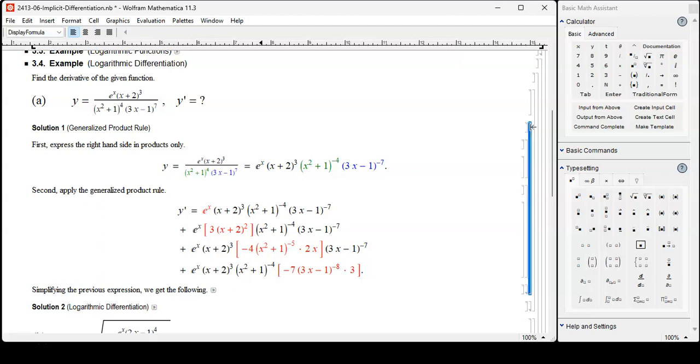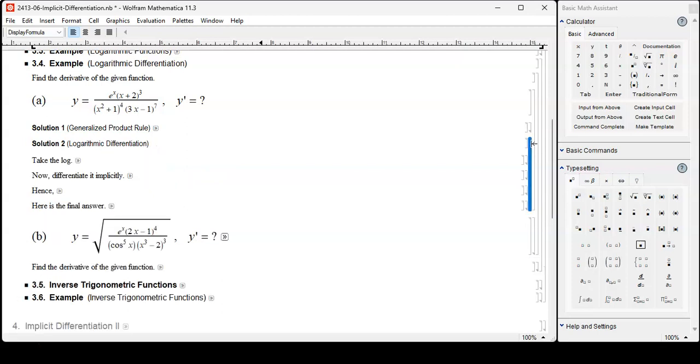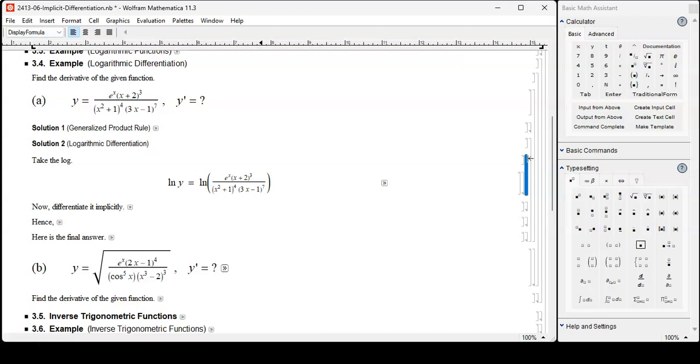But here's another solution, and this technique is called the logarithmic differentiation. Let's talk about it a little bit. Step 1, take the log. And then we can simplify this log by decomposing it. We have 4 factors here. And all the factors are numerators, well, those are multiplications.